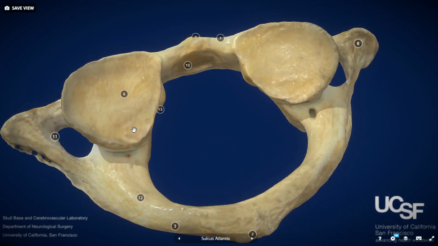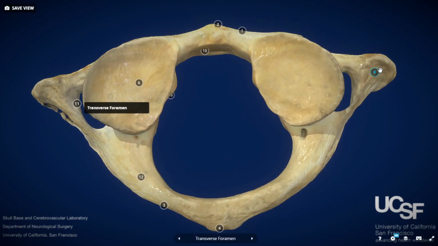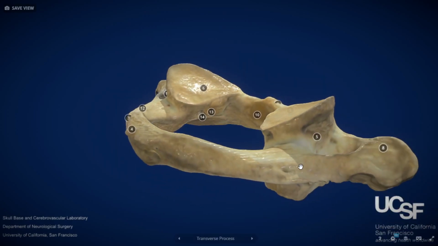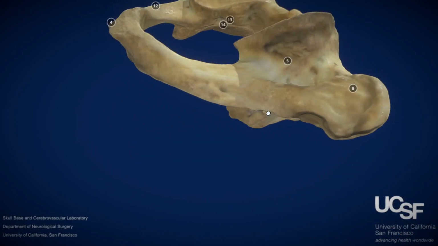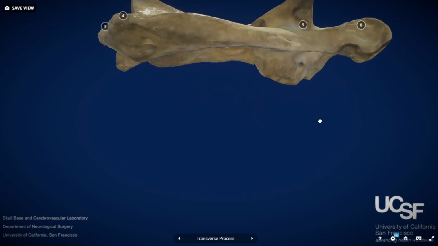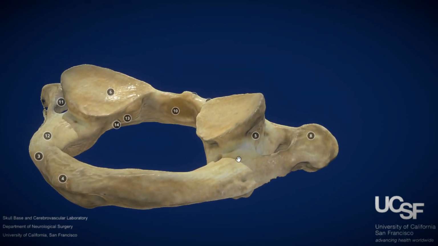Lateral to the lateral masses, we have the transverse foramen, and more laterally, we have the transverse process. As we mentioned previously, the transverse foramen is a foramen through which the vertebral artery travels. It goes in a more vertical, oblique direction, around 45 degrees, and then makes a turn after passing through this foramen, taking a more horizontal direction.